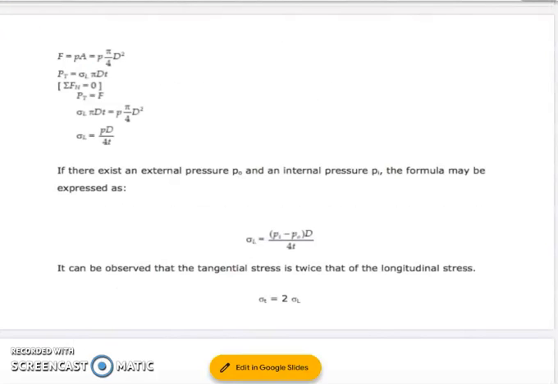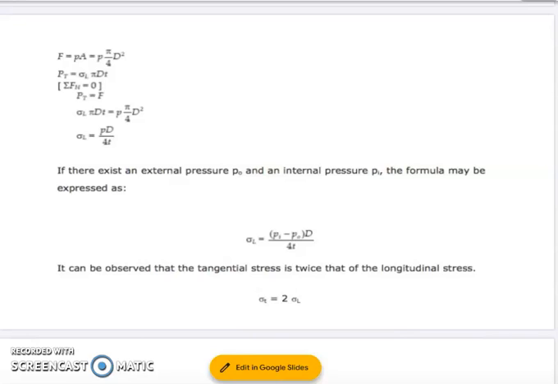If there exists an external pressure P sub O and an internal pressure P sub I, the formula may be expressed as longitudinal stress is equal to P sub I minus P sub O times D all over 4T. It can be observed that the tangential stress is twice that of the longitudinal stress. So therefore, tangential stress is equal to 2 times longitudinal stress.